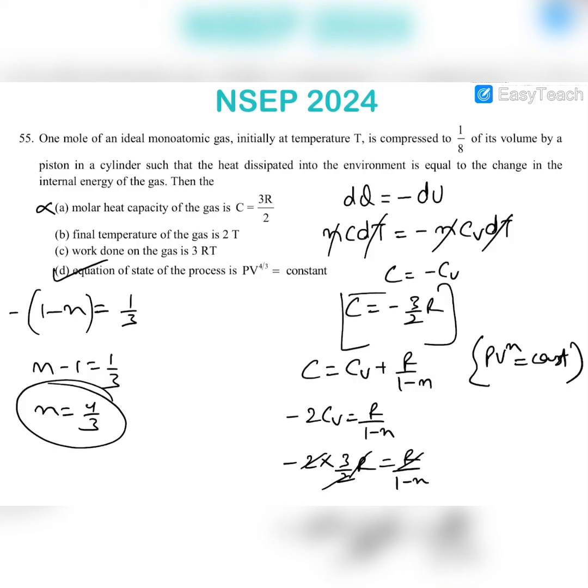And now let us talk about the final temperature. We know that if the process equation is PV to the power 4/3 equal to constant, we can substitute the value of P as nRT by V. So it would be T into V to the power 1/3 equal to constant.